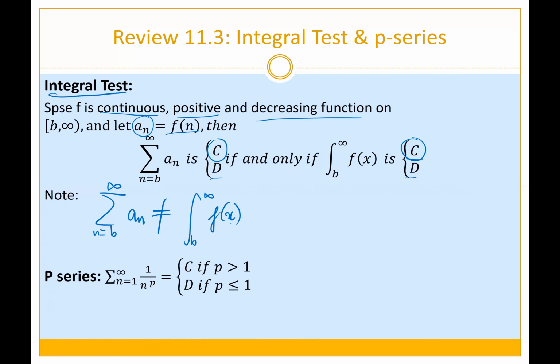But do not make the mistake of thinking that they are equal. We also have the p-series, which we already learned. It's the series of 1 over n to the p. It's convergent if p is bigger than 1, and divergent if p is smaller than or equal to 1.